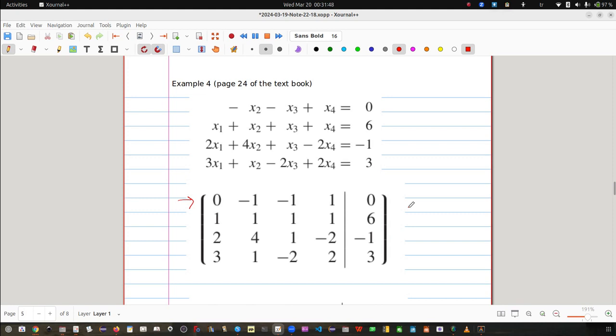If you multiply any of these equations by any number, it will not change the equation. For example, these 4 variables added up is equal to 6. If you multiply this by 3, so this is 6 times 3, the same equation doesn't change.